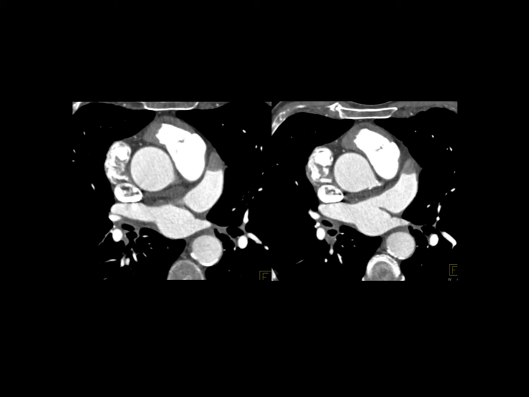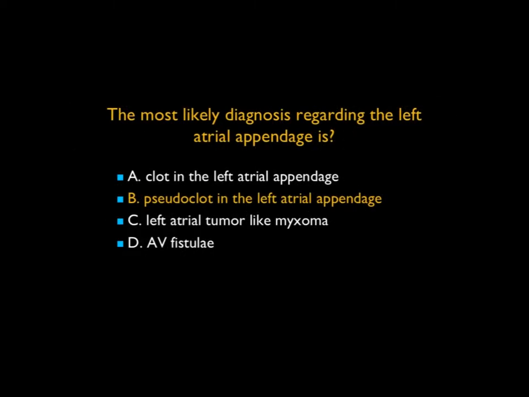And so I ask you, what's the most likely diagnosis? It's not a tumor. It's not clot. It's not a fistula. It's B, a pseudoclot. Very nice example. If you are uncertain as to the possibility, then you simply wait another 60 seconds and get another scan, and you would see that fill in.